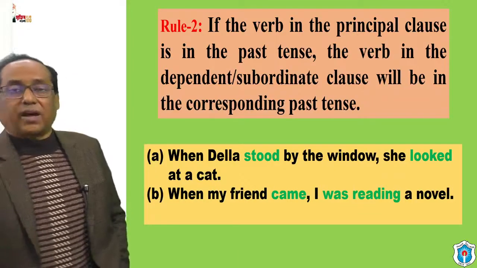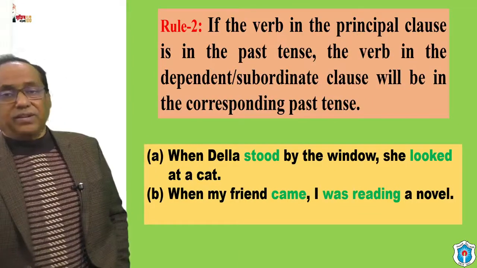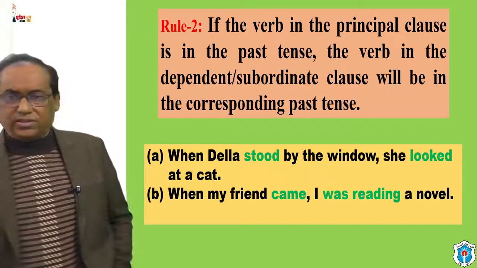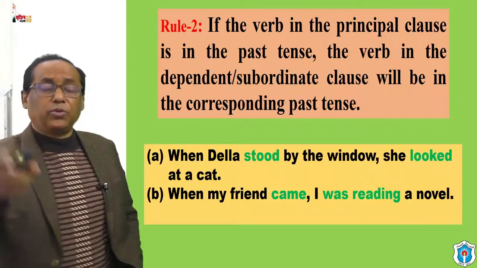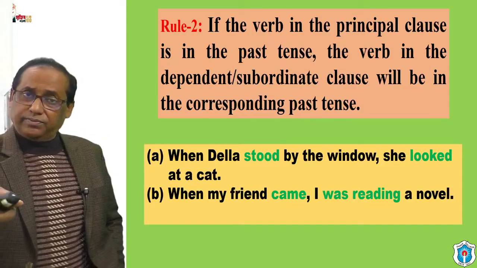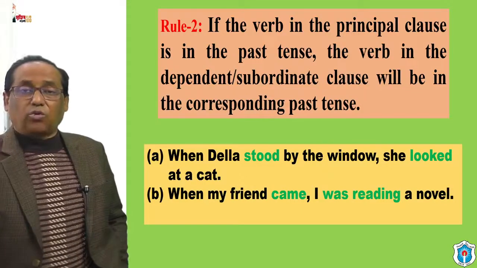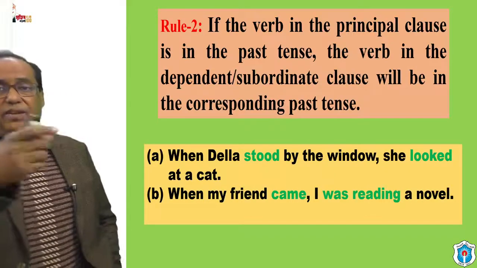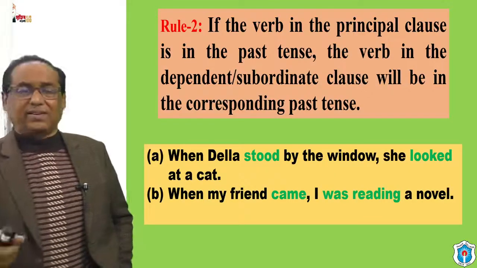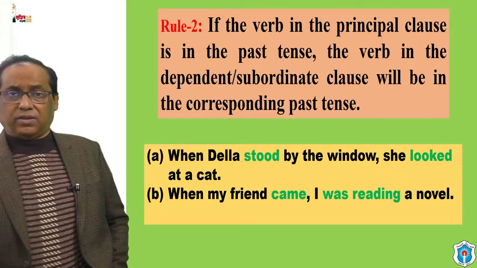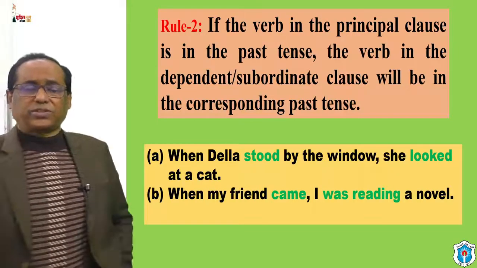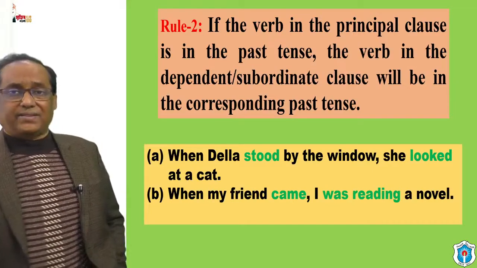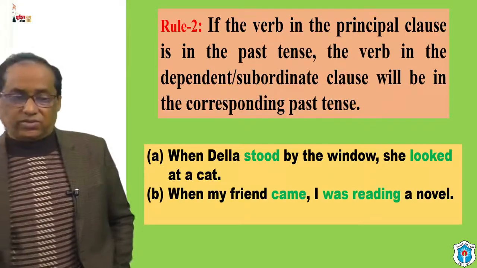Because the principal clause is in past tense. Maybe past continuous. যখন আমার বন্ধু এসেছিল, past indefinite, তখন আমি একখানি উপন্যাস পড়ছিলাম, পড়িতেছিলাম। So it is past continuous. So both the clauses are in past tense, and this is the sequence. Okay?